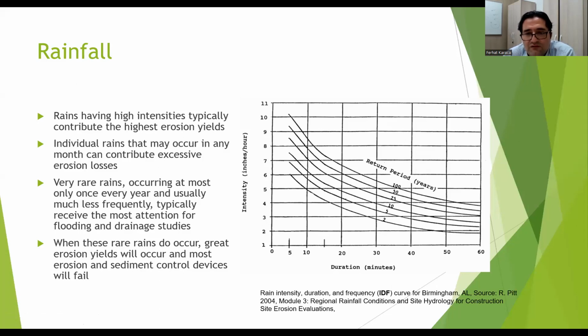It can create a flood event in Astana. So I'm repeating it again: a 30-minute rainfall with an intensity of 4 inches per hour is a risky rain event that can create a flood problem in the city.